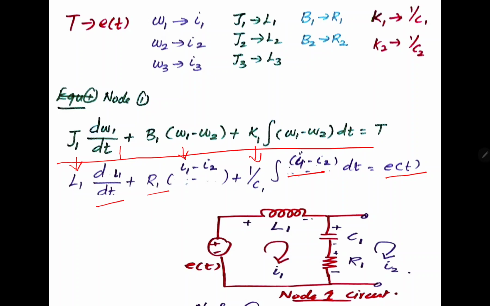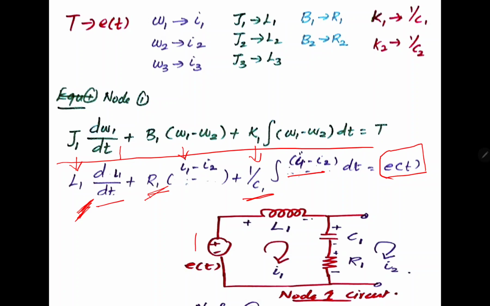So now we have to draw the circuit. Here the inductance is L1, and this is actually loop 1, and the capacitor C1 and R1 are common to loop 1 and loop 2.